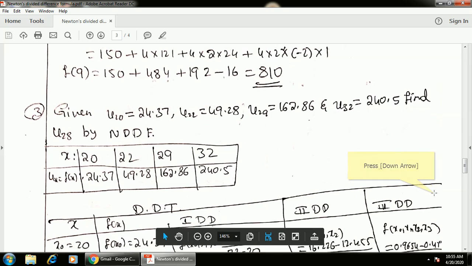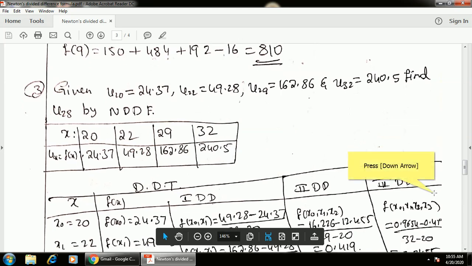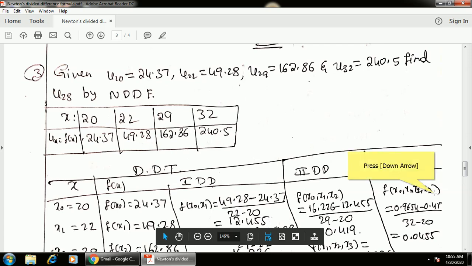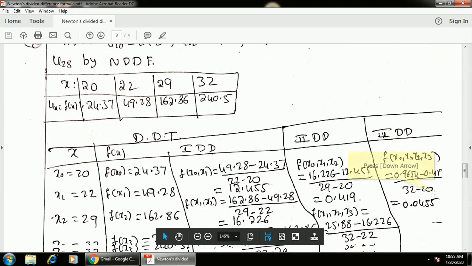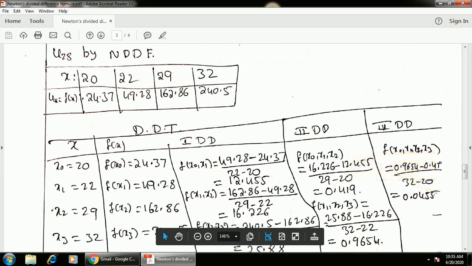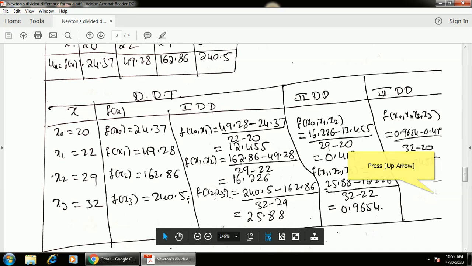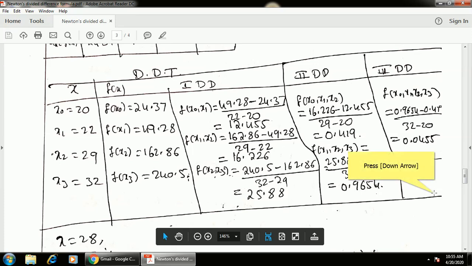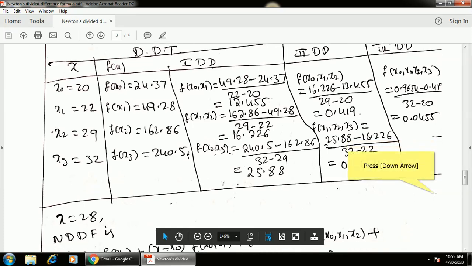We need to find out u of 28 by Newton's divided difference formula. Try to solve this also.